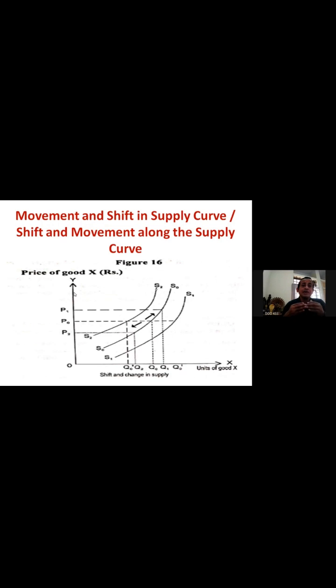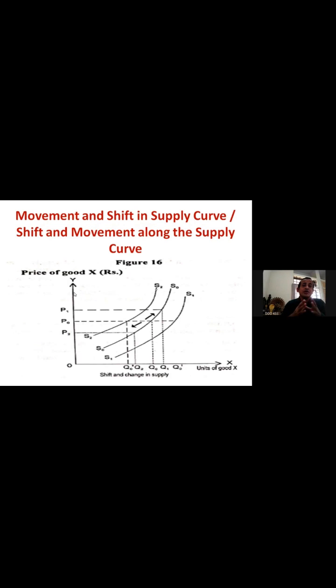Like if price increases, supply may increase. If price falls, supply will be less. So this part is known as movement in the supply curve. And now I am going to discuss the shift in the supply curve.